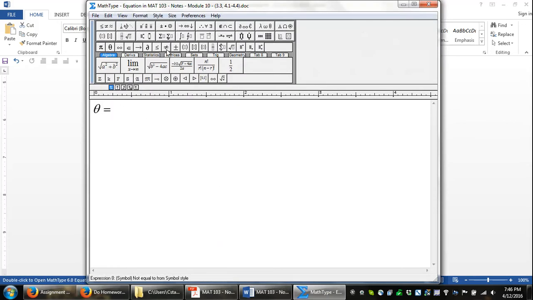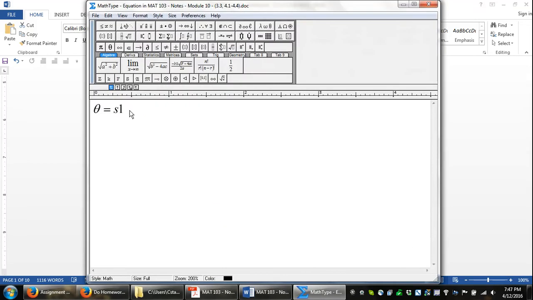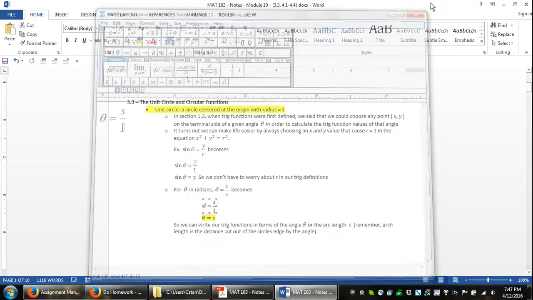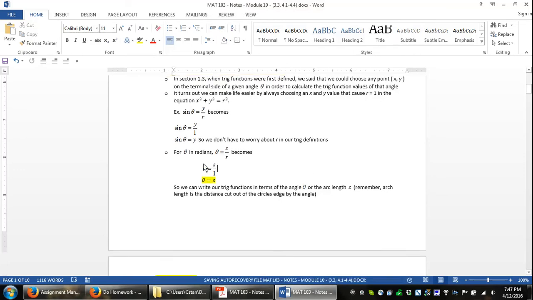Our angle in radians is defined as the arc length divided by r, that should be s divided by r. So replacing r with 1, since we've chosen r to be 1 everywhere along the unit circle, well, just like our trig functions simplify, our angle simplifies to be equal to our arc length.